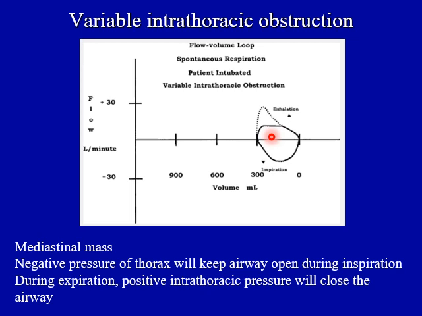During expiration, the positive pleural pressure and the pressure from the extraluminal mass, that is the mediastinal mass, compress upon the bronchi or the trachea and cause obstruction. This results in expiratory airflow limitation. So this is called variable intrathoracic obstruction in case of a mediastinal mass.